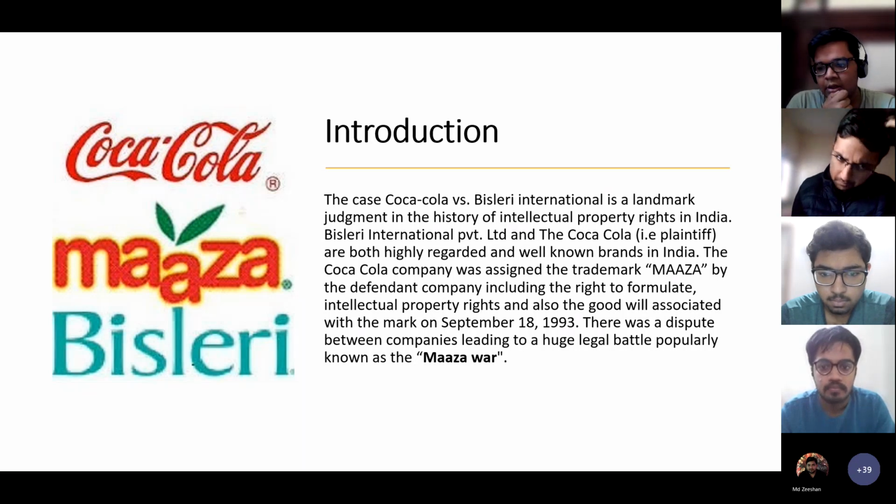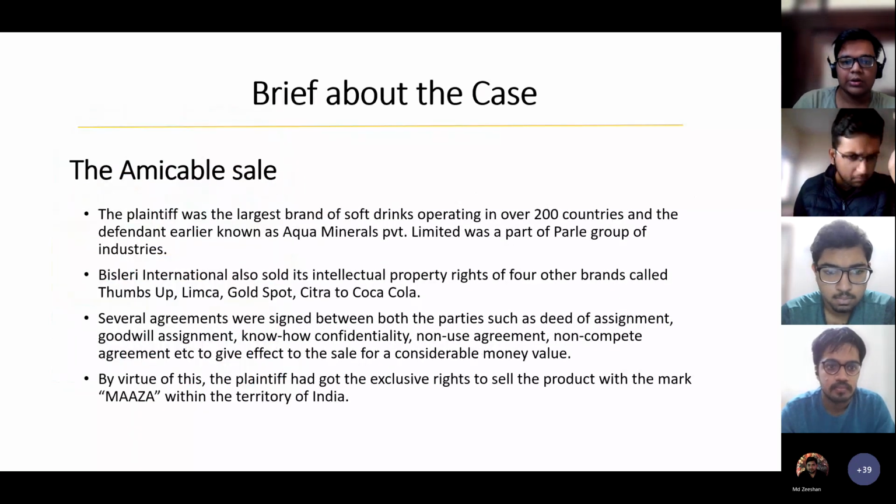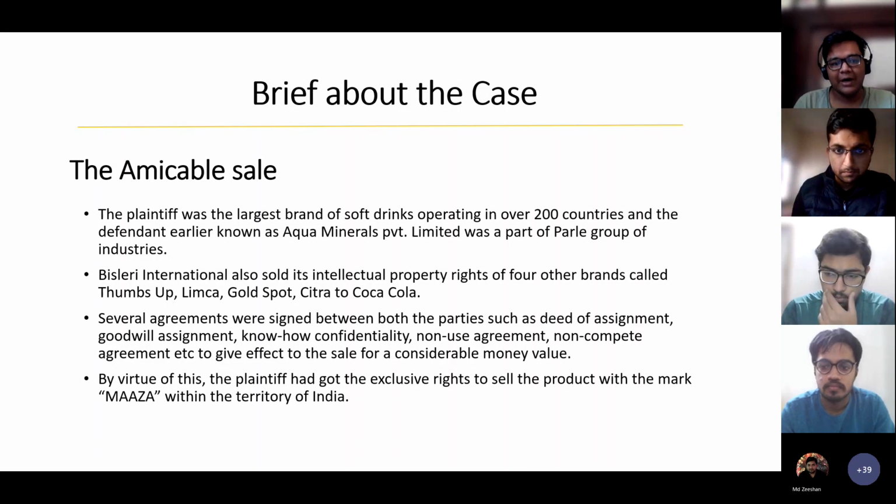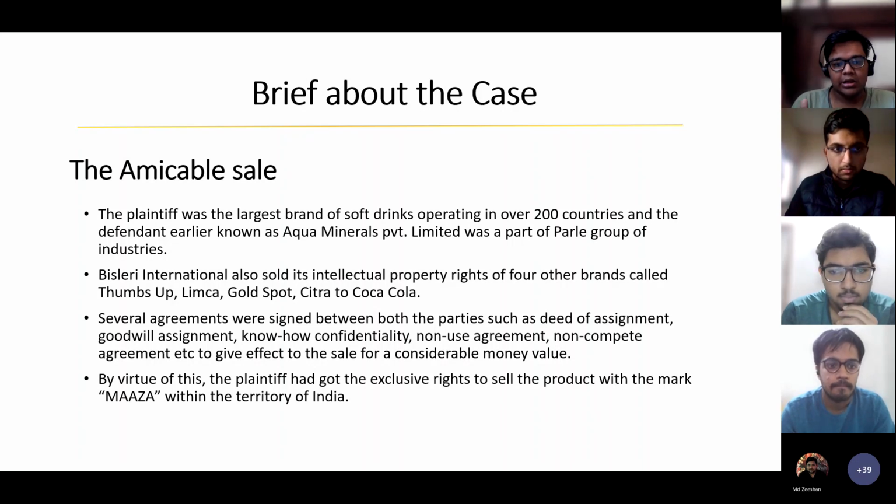Next slide, please. The Bisleri company, part of Parley Group, and earlier known as Aqua Mineral Private Limited, sold intellectual property rights for five brands: Citra, Goldspot, Limca, Thums Up, and Maza, to the Coca-Cola company.